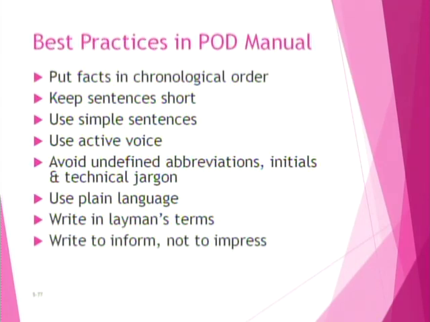If you do use an abbreviation or an initial, you've got to define it. Make sure that you're not going to write something so technical that somebody's not going to understand. Use plain language, write in layman's terms, and we want to write to inform, not to impress.